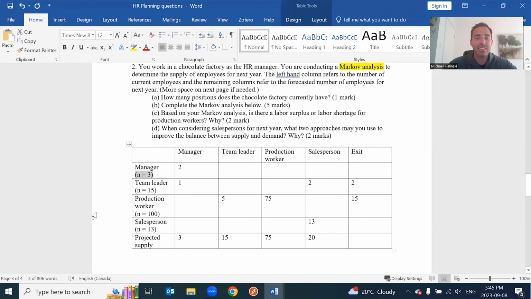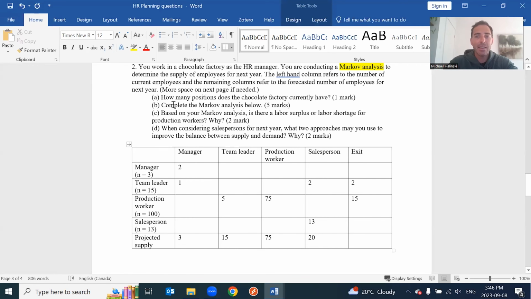To calculate the number of positions, you add up the total of the N's. There are 3 managers, 15 team leaders, 100 production workers, and 13 salespeople. So if I ask the number of jobs, there are in this case 4 jobs. And the number of positions, you add these up, and the answer is 131.